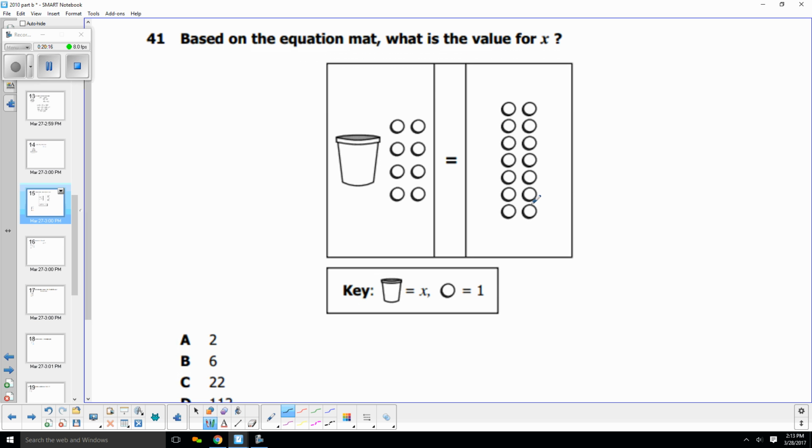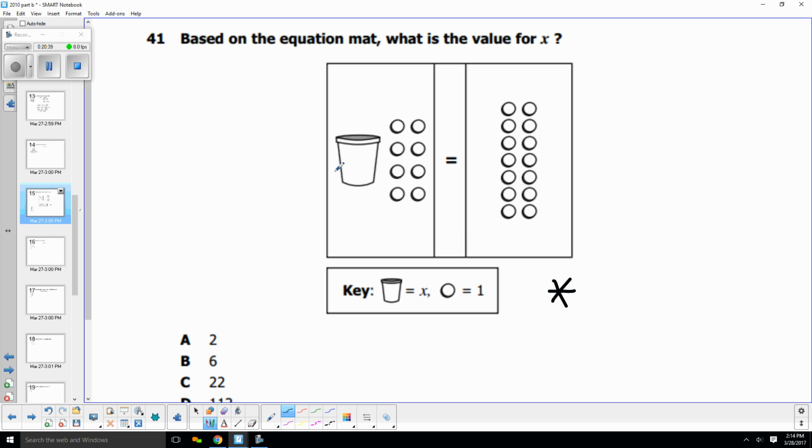Based on the equation, Matt, what is the value for x? First, you need to make sure that you look at your key. They're telling me that this cup-looking thing is your value of x, and each circle represents 1. Sometimes they'll tell me that each circle might represent 2 or 3 or 4, so pay attention to your key.